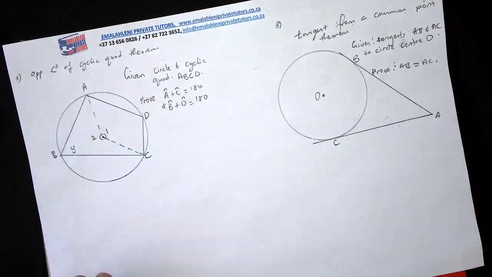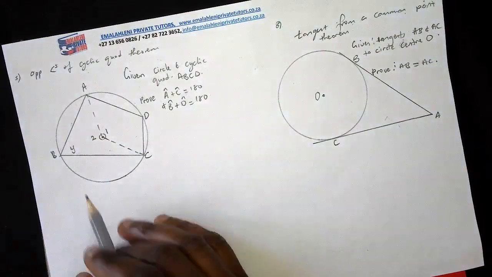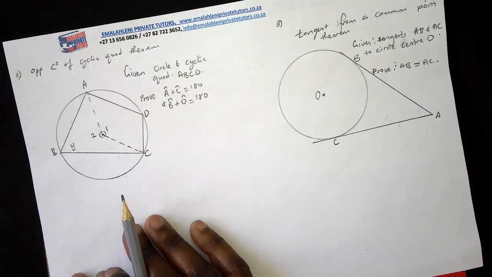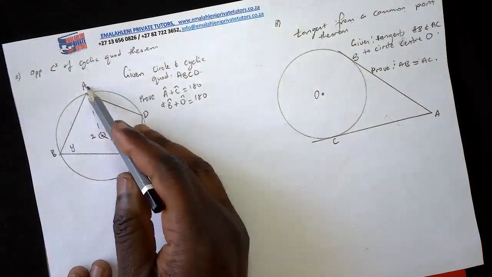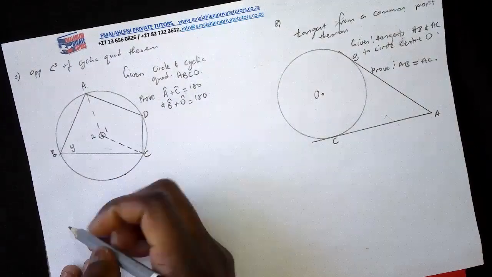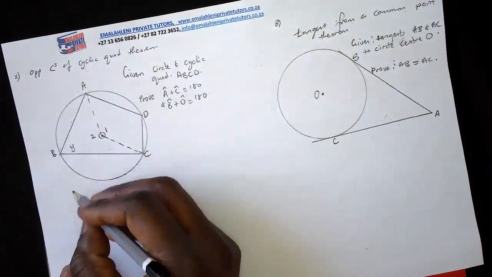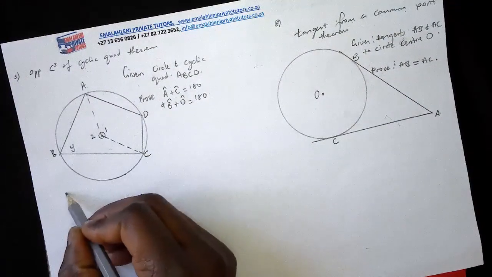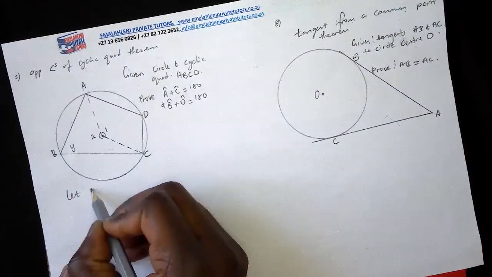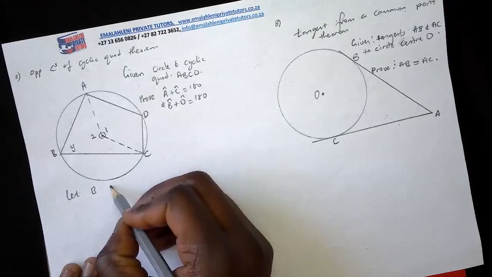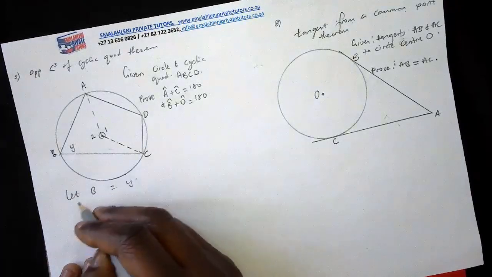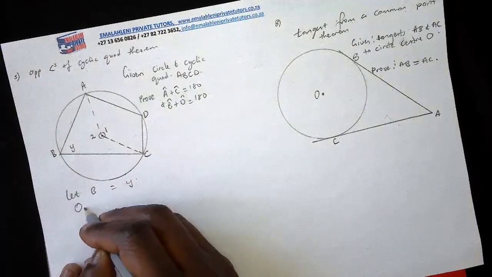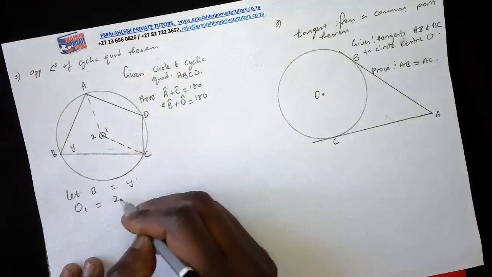Let's call this angle Y. So let B equal Y. Then O1 is equal to 2Y.